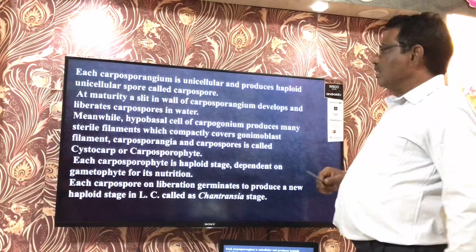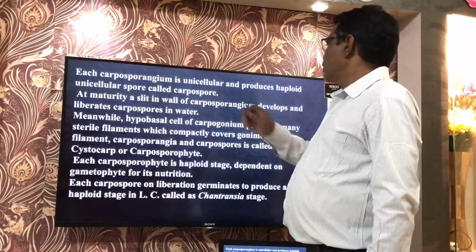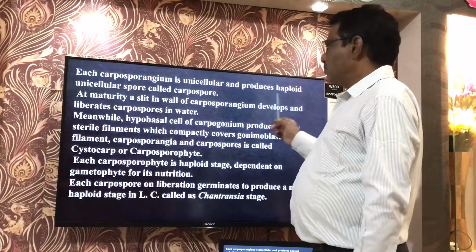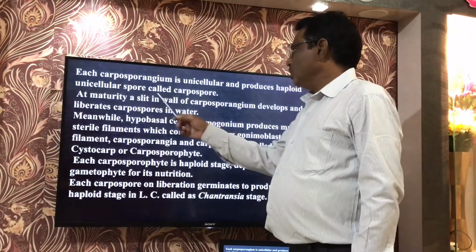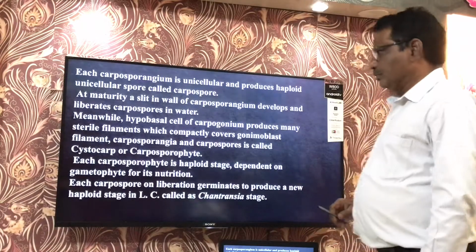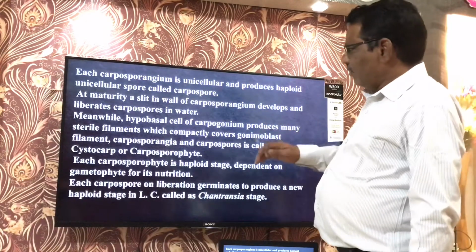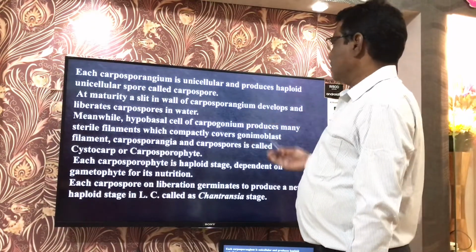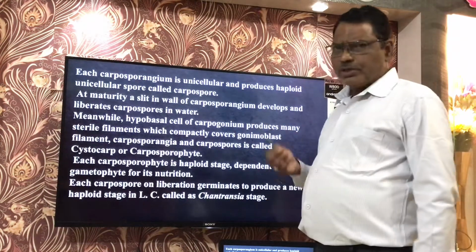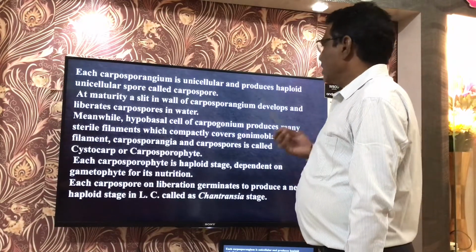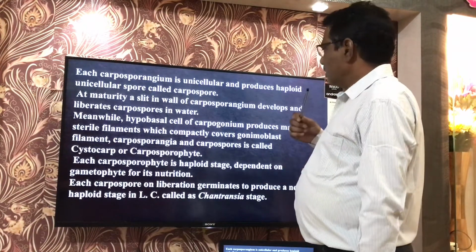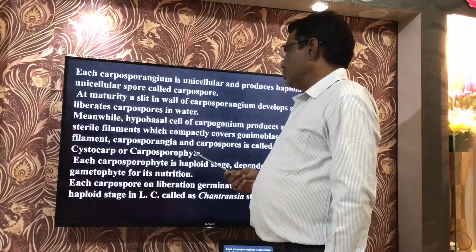Now each such carposporangium is unicellular, and it produces a haploid unicellular spore called a carpospore.